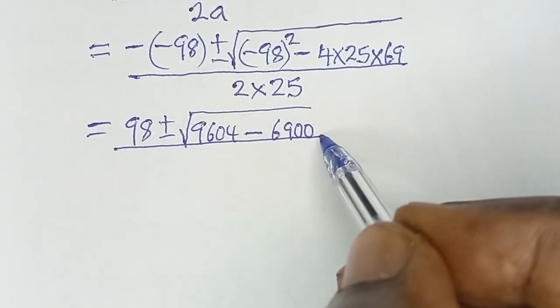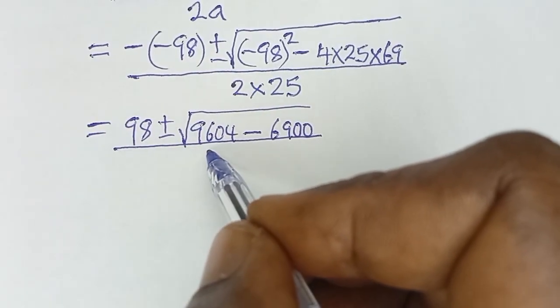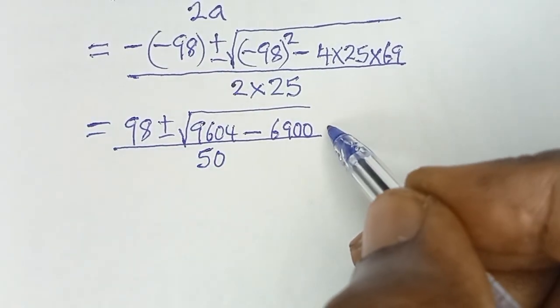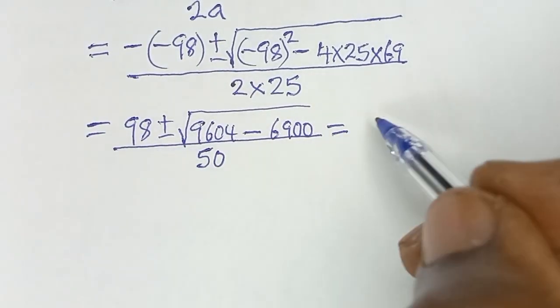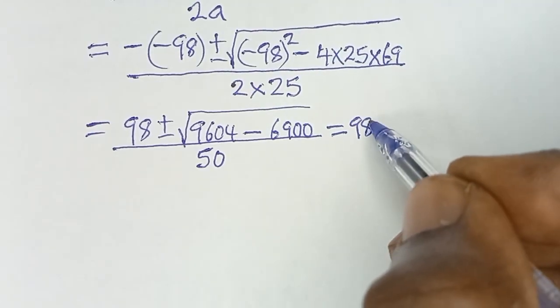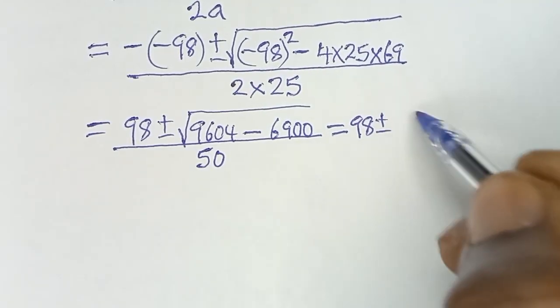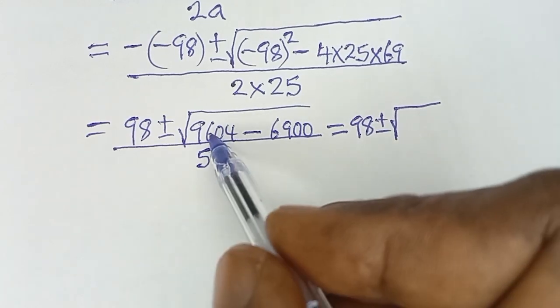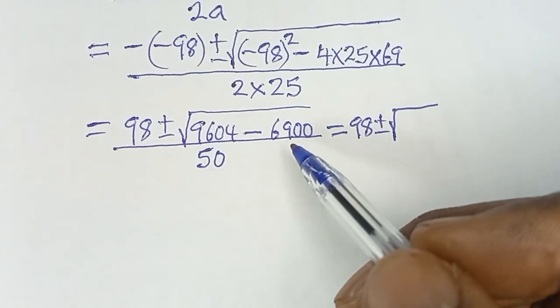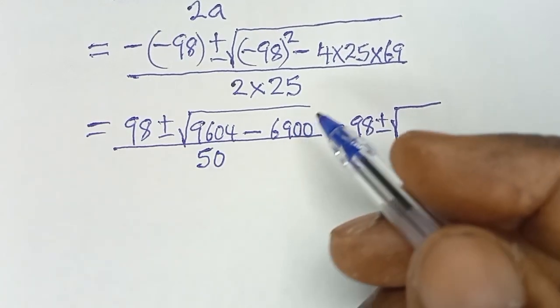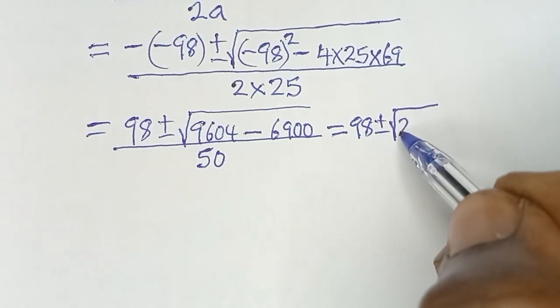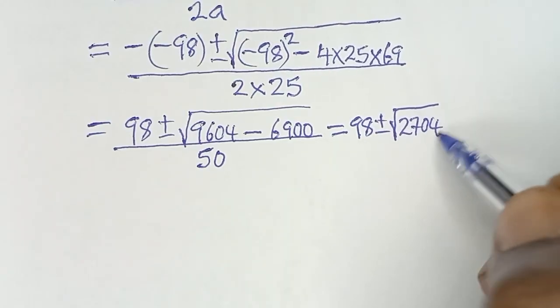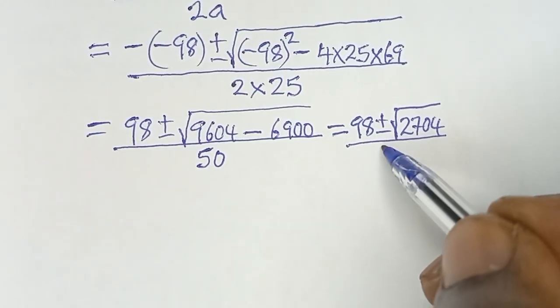Then all over 50. If I continue here, I have 98 plus or minus the square root of this minus this, which is going to give us 2,704. Then over 50.